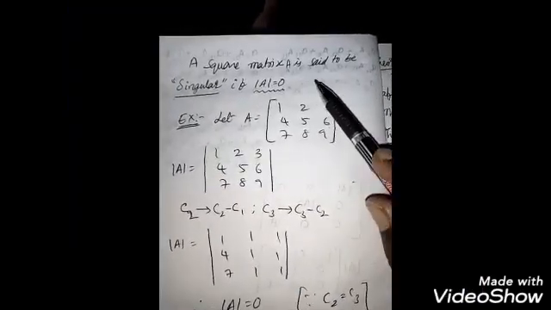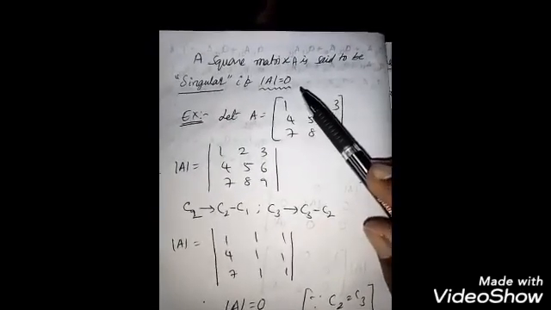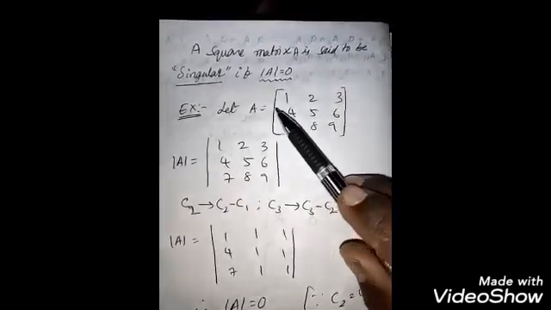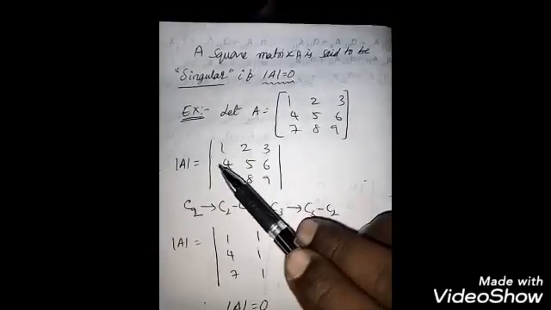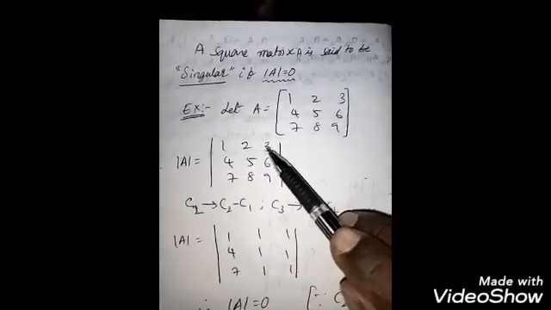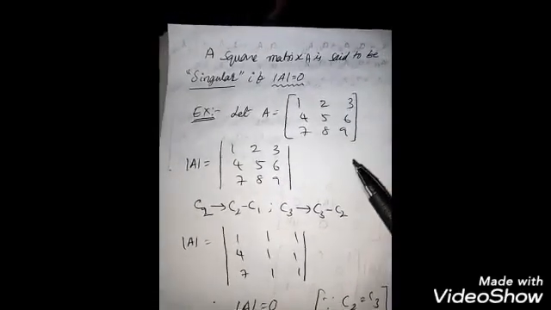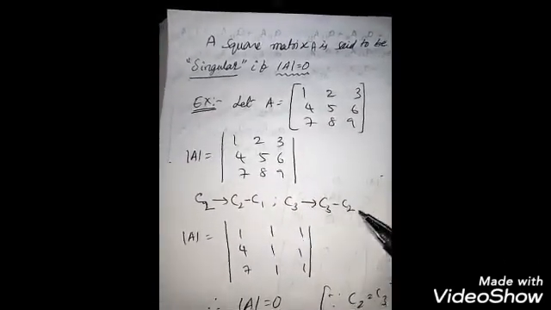A square matrix A is said to be a singular matrix if det A is equal to 0. Observe, let A be the matrix 1, 2, 3, 4, 5, 6, 7, 8, 9. Now we have to calculate det A. Instead of expanding, I am using the properties. C2 becomes C2 minus C1, C3 becomes C3 minus C2.